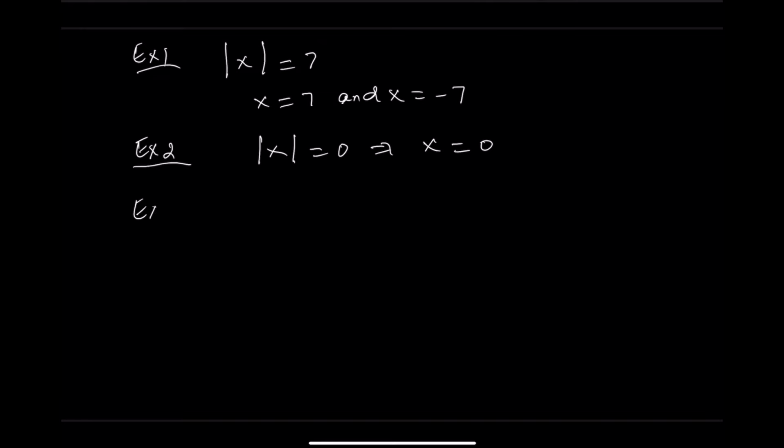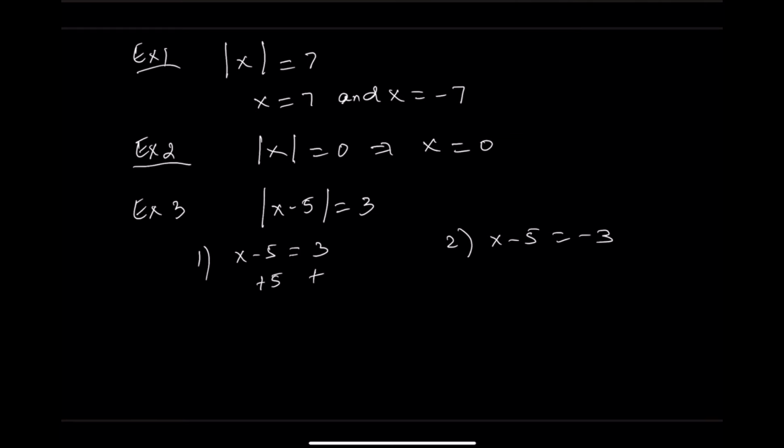Now let's solve. The absolute value of x minus 5 equals 3. Step 1. Write 2 equations. X minus 5 equals 3 and x minus 5 equals -3. Solve both. X minus 5 equals 3.